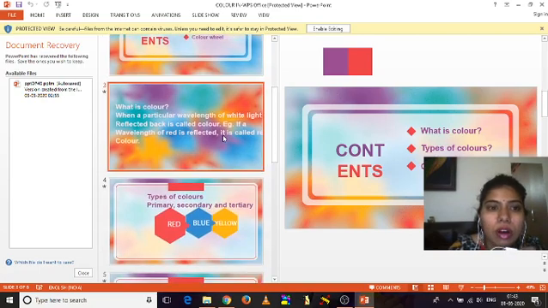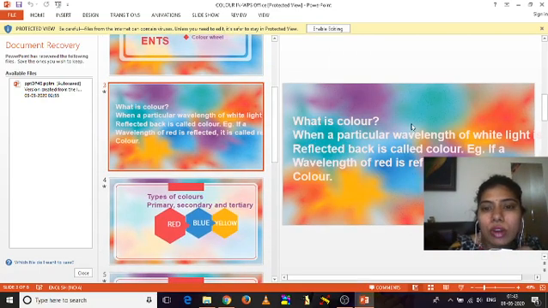So our first slide is what is color. When a particular wavelength of white light is reflected back, it is called color. Example, if a wavelength of red is reflected, it is called red color.